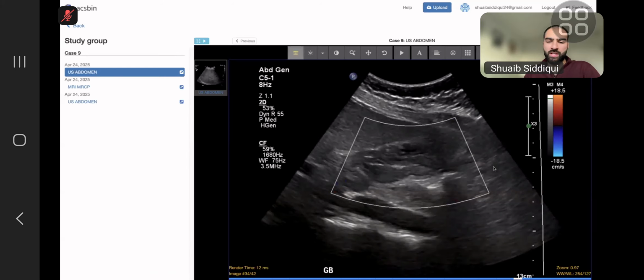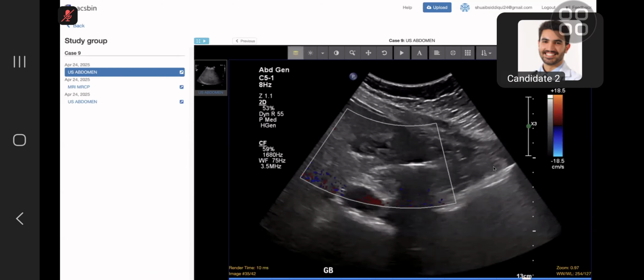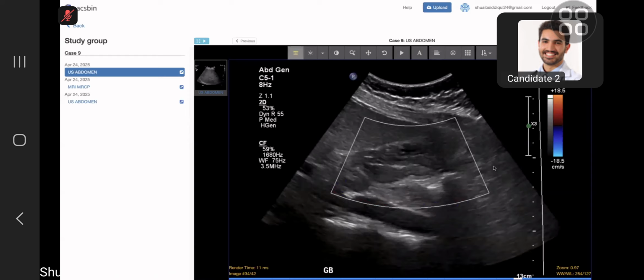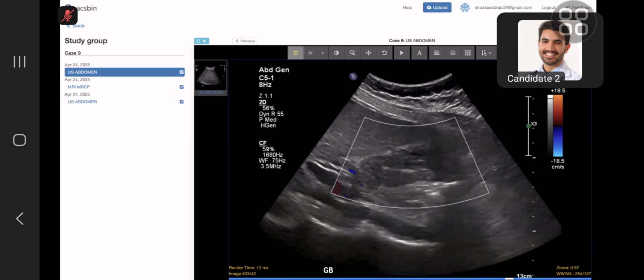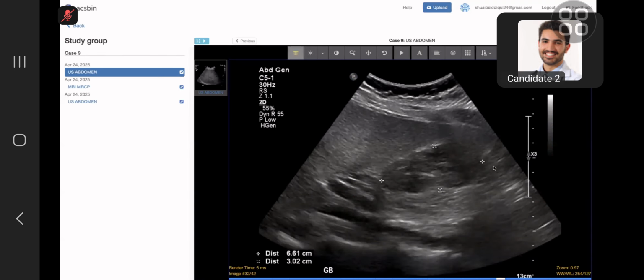Okay, start presenting. So this is an abdominal ultrasound showing a well-defined hypoechoic lesion within the epigastric region.